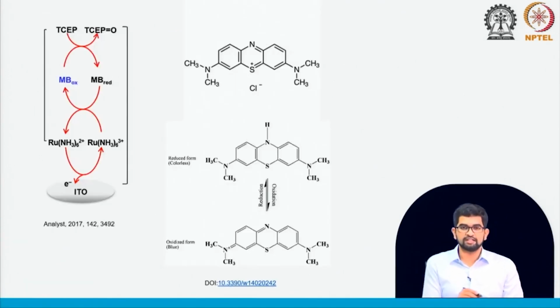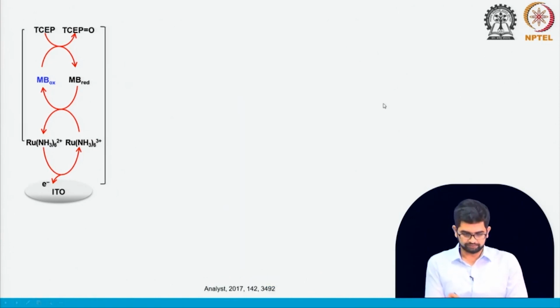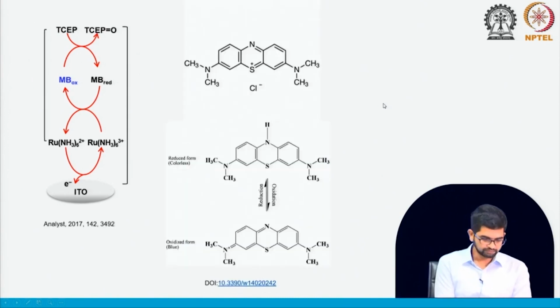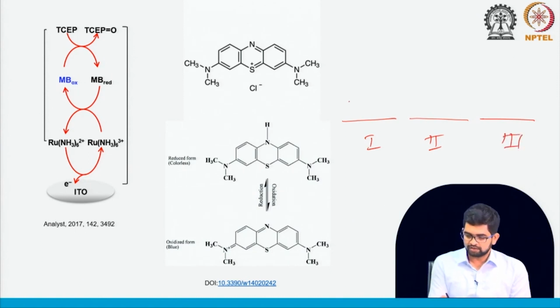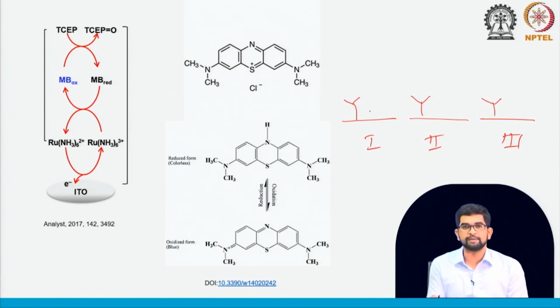Last class I stopped at the point that we can tag the antibody with different materials. So let's summarize first. I am going to show you three biosensors. In every case we can immobilize the antibody.